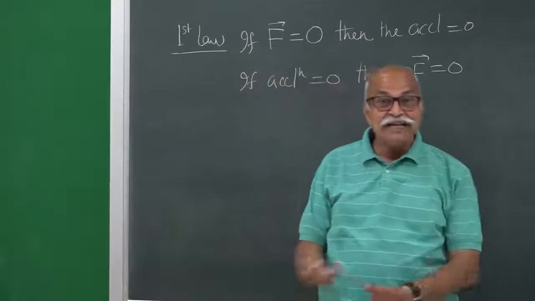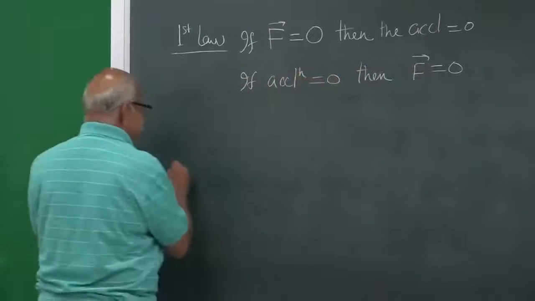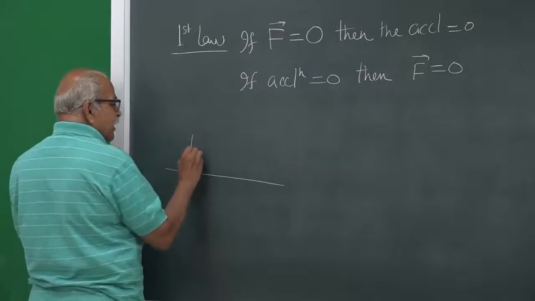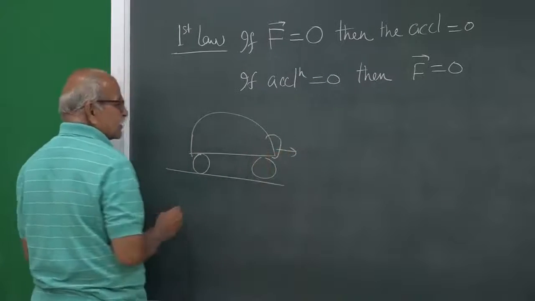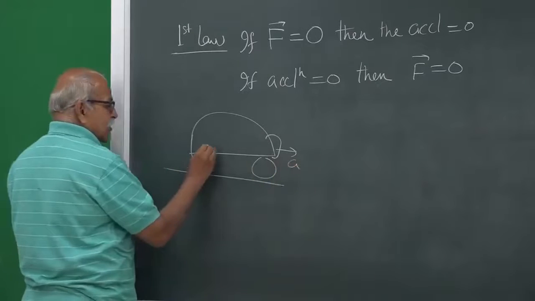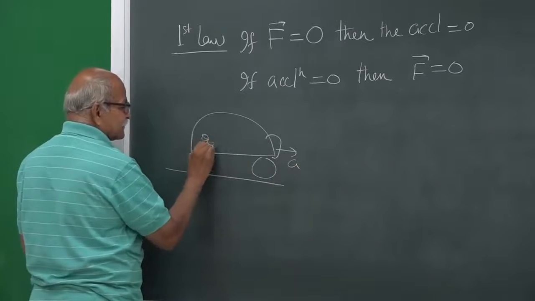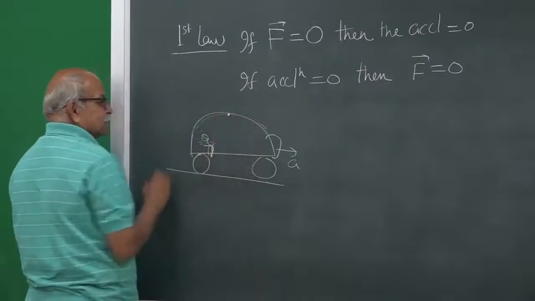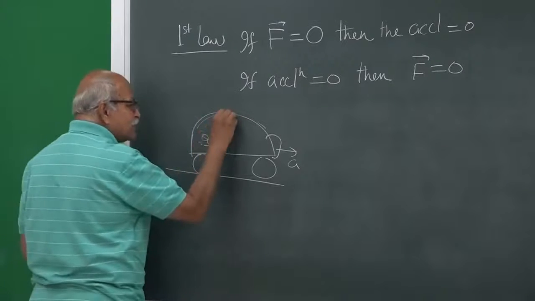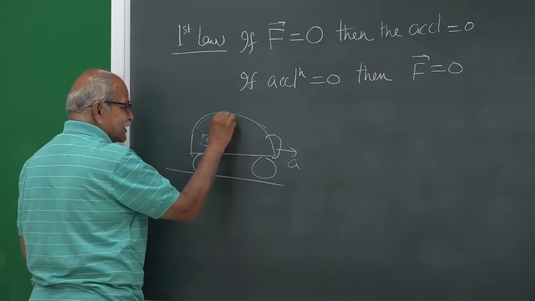If I am in a rotating frame, or let us say in an accelerating car, sitting here on the seat, and from the car's body a pendulum is hanging, what do I see?